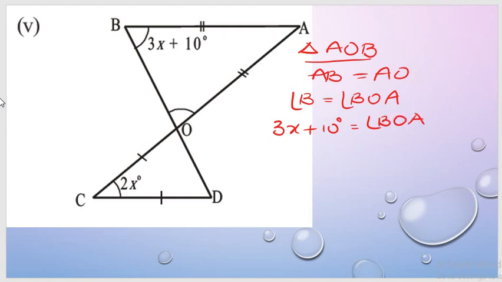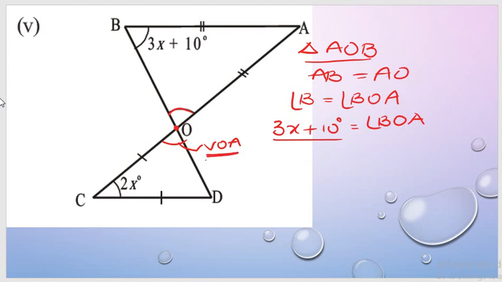Next, if you observe, lines BD and AC are intersecting at this point O. That means this angle and this angle are vertically opposite angles.